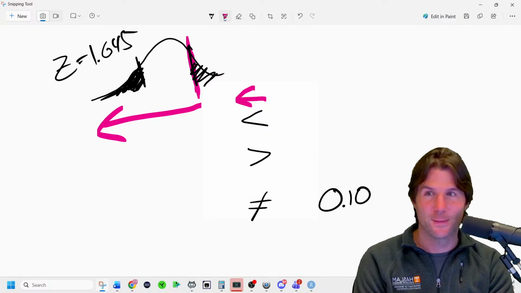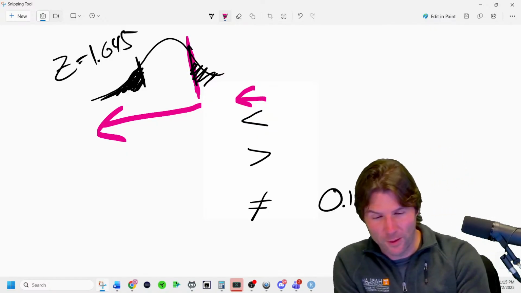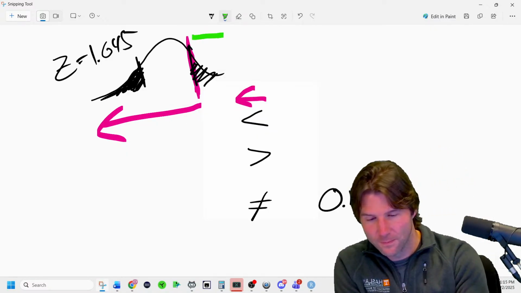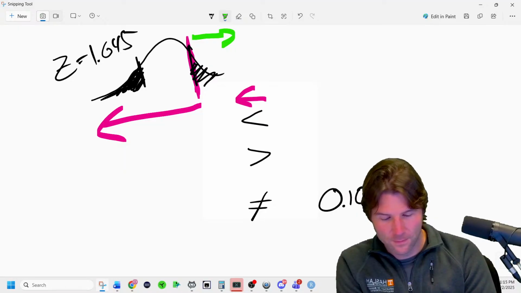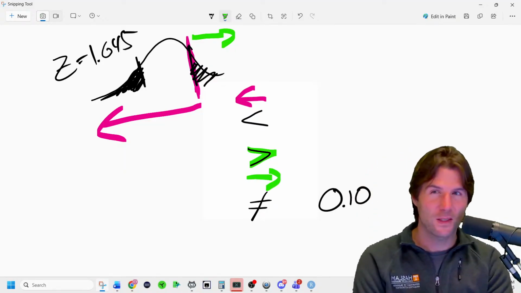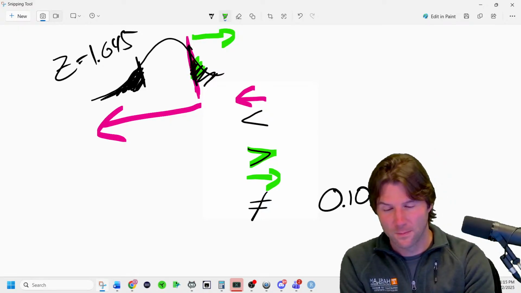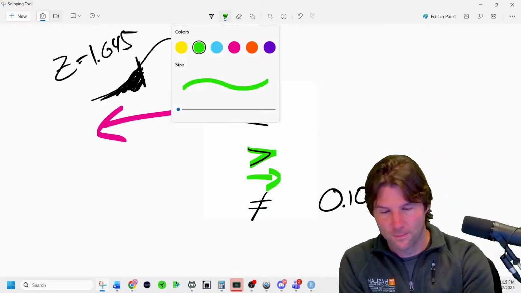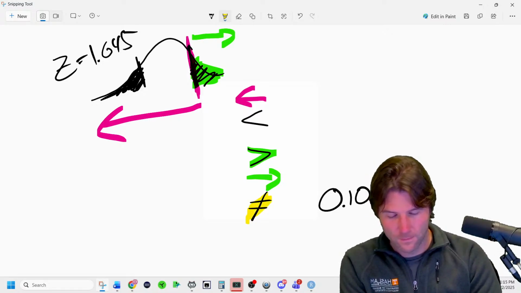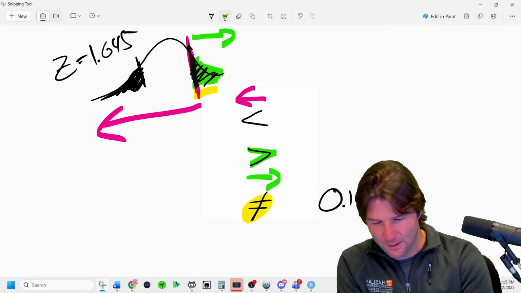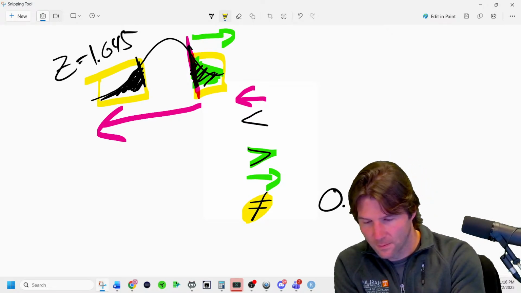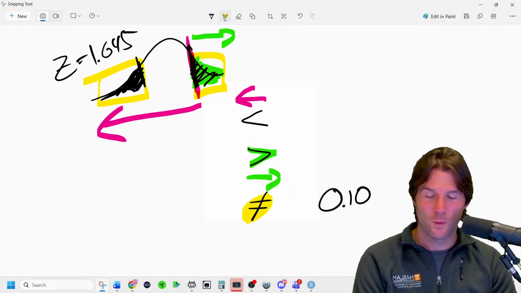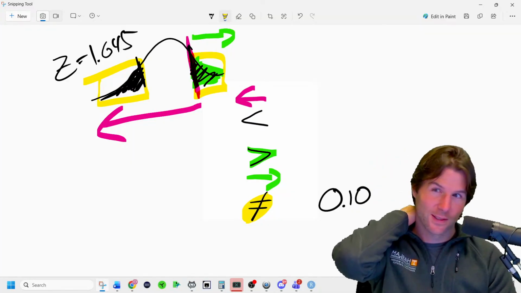Who can solve it? Does anyone know the greater than p-value? That's the easy one. Who's got this? What is the greater than p-value?